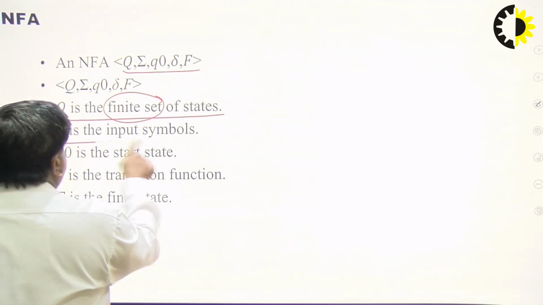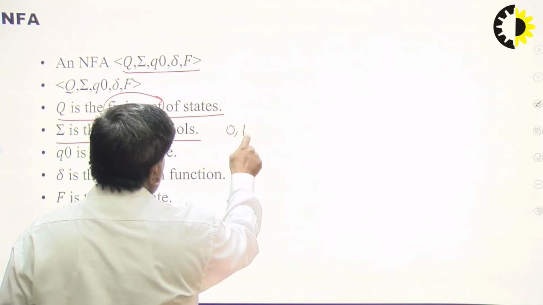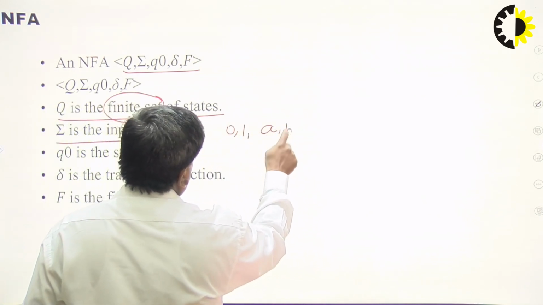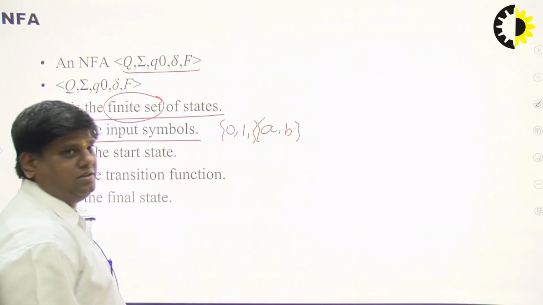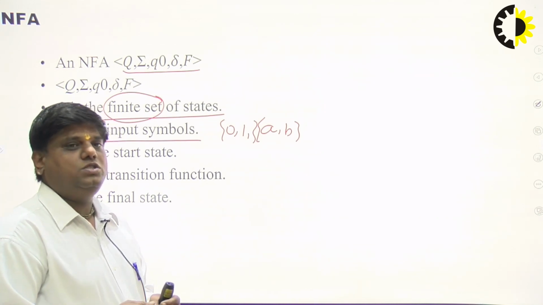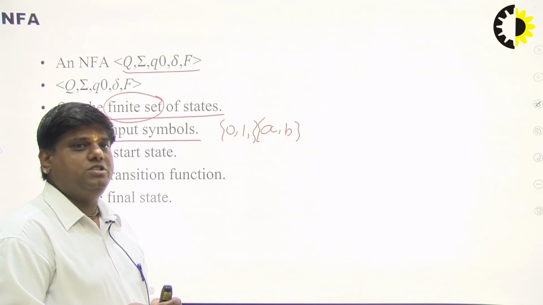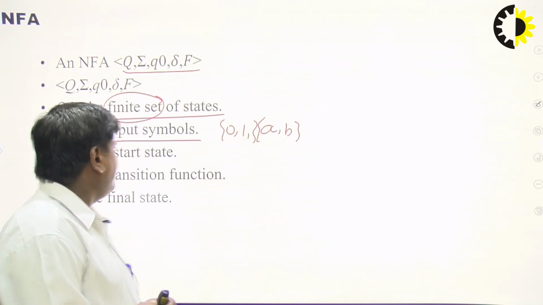Sigma is a set of input symbols. It may be 0, 1 or A comma B. This depends upon our question. In a question, sometimes the set of inputs given is 0, 1 and sometimes A comma B.